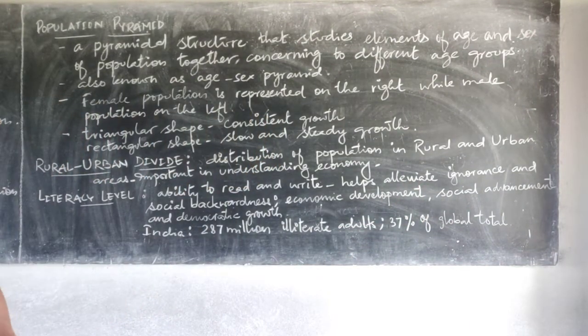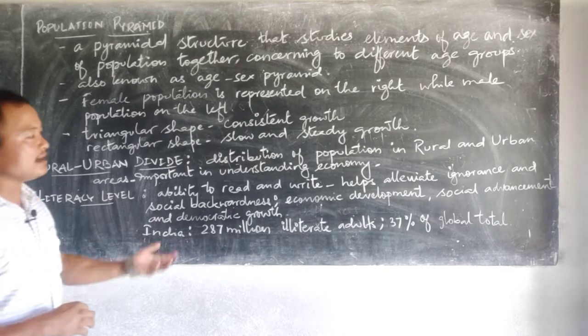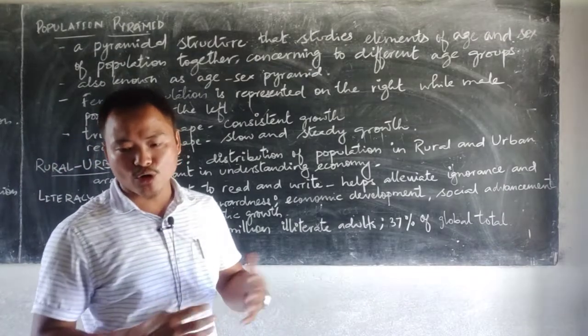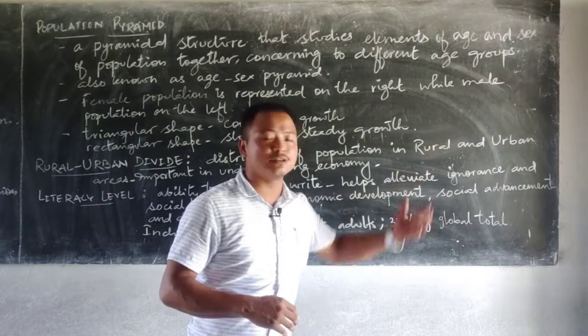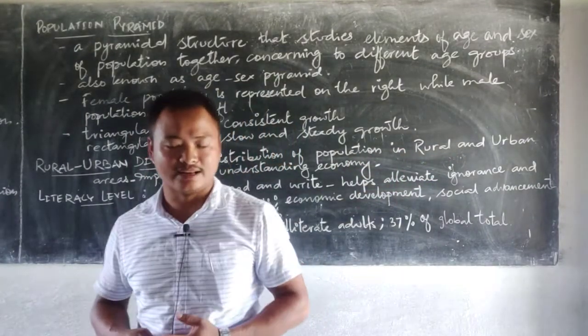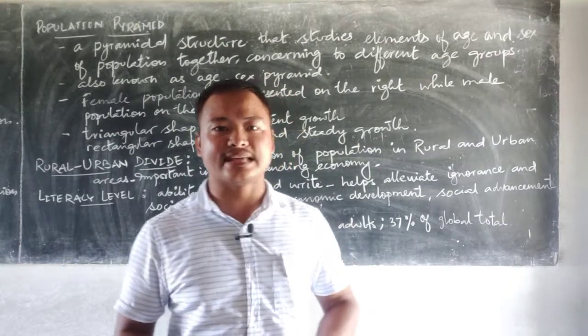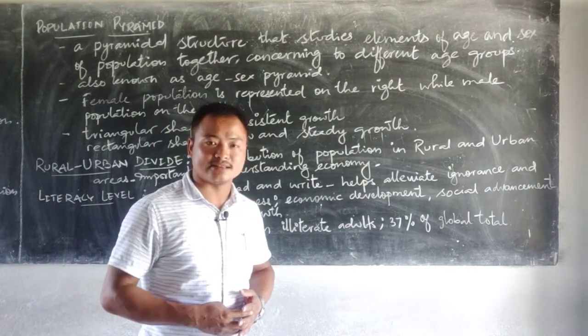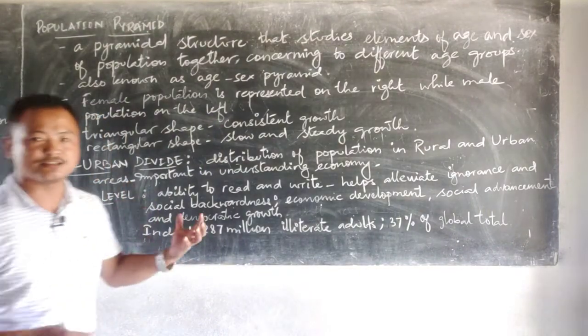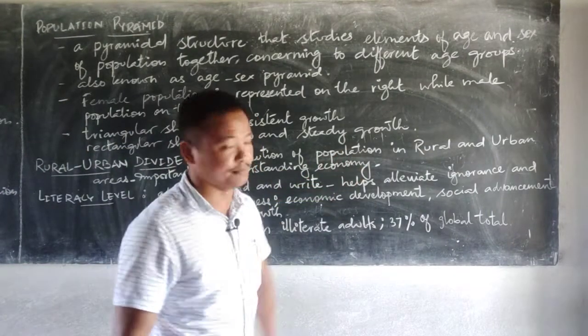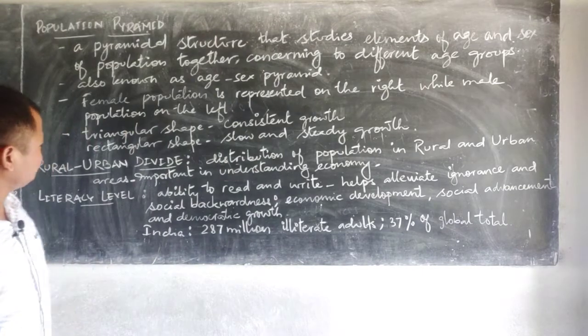It is very important because it determines the economy of a place. In agricultural areas, the population is mostly in rural areas, while in an industrial or developed nation, the population is more concentrated in urban areas than in rural areas.